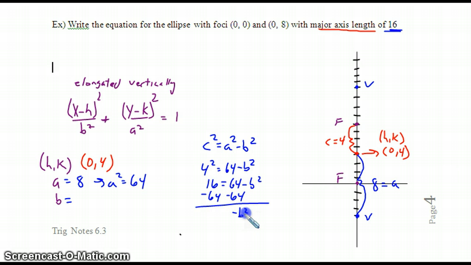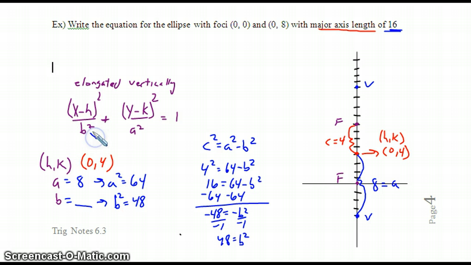So negative b squared would be equal to negative 48, divided by negative 1, and I would get b squared to be 48. I know that means that b is the square root of 48, but I don't necessarily care what b is because I don't have to plot it. I just have to write the equation. So I really care more for the fact that b squared is 48.